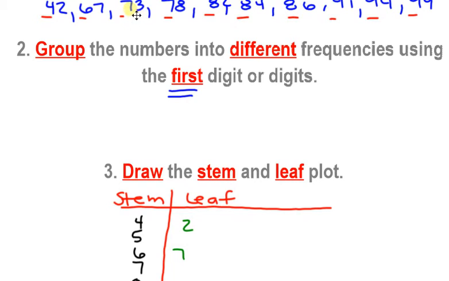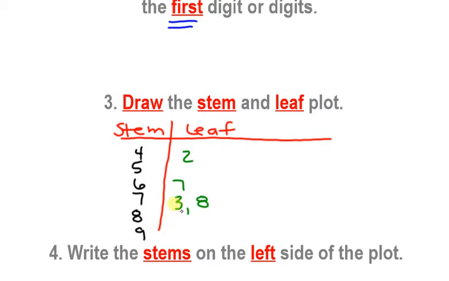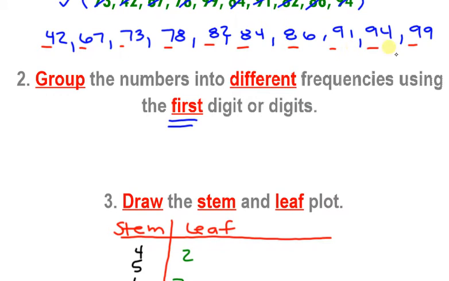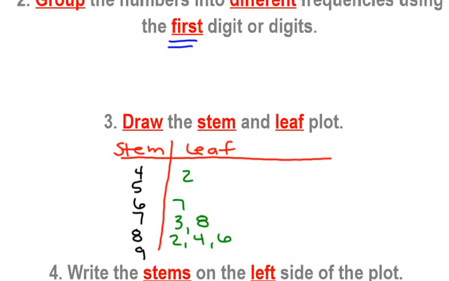For my 7s, I have 73 and 78, so I'm going to do 3, 8. For my 8s, I have 82, 84, and 86. And then for my 9s, I have 91, 94, and 99.